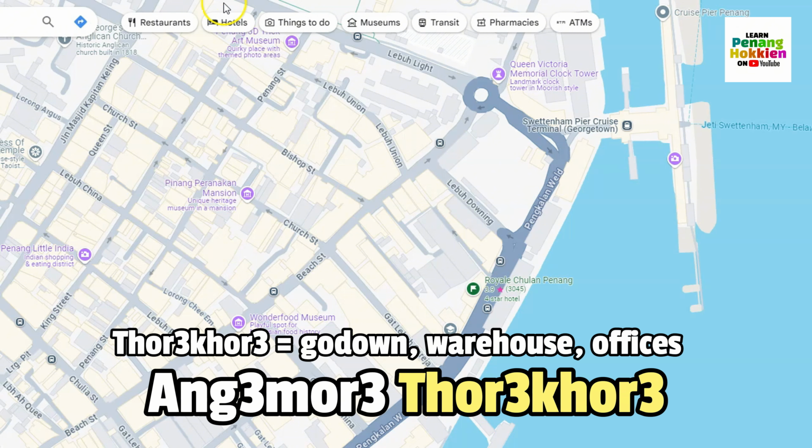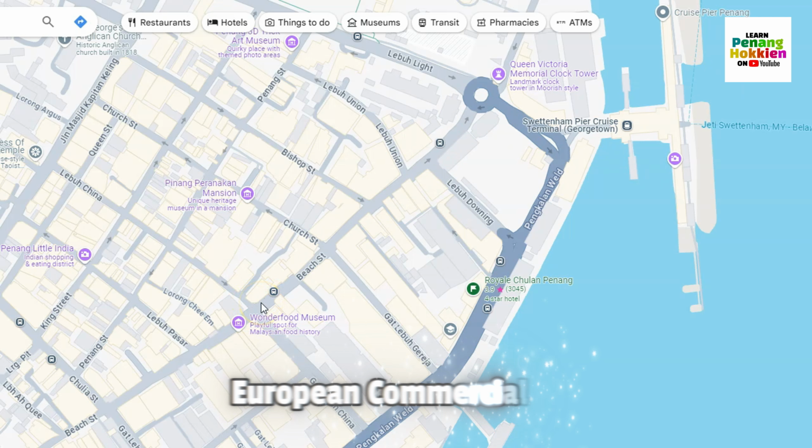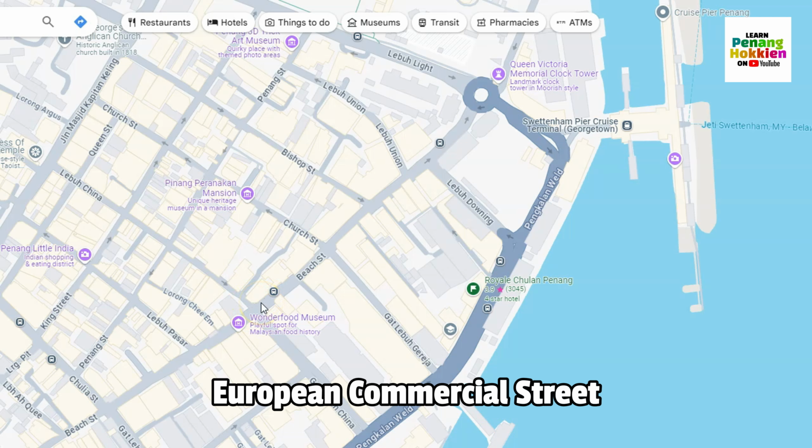So this stretch of Beach Strait from here, the roundabout, until China Strait was the European commercial strait. And the Hokkien word Thor3khor3 is also the word that gave rise to the Malay word toko. Toko in Malay as well as in Indonesian comes from the word Thor3khor3 in Hokkien.